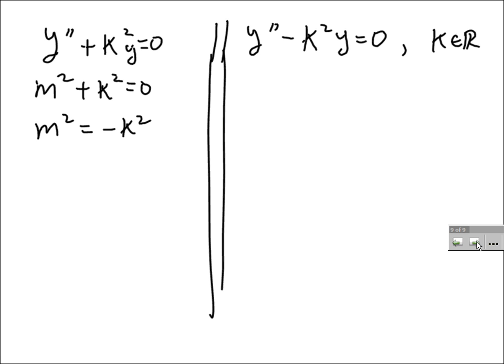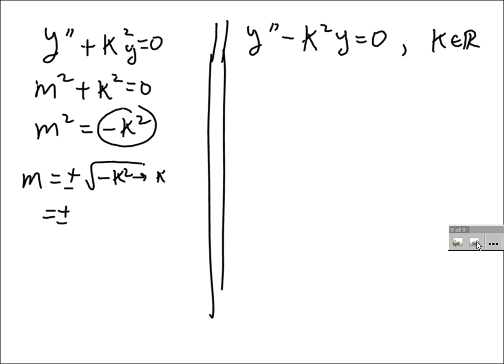Now, if m squared is anything, I don't care what this is, then m must be plus or minus the square root of the anything. I can think of negative k squared as k squared times negative 1.